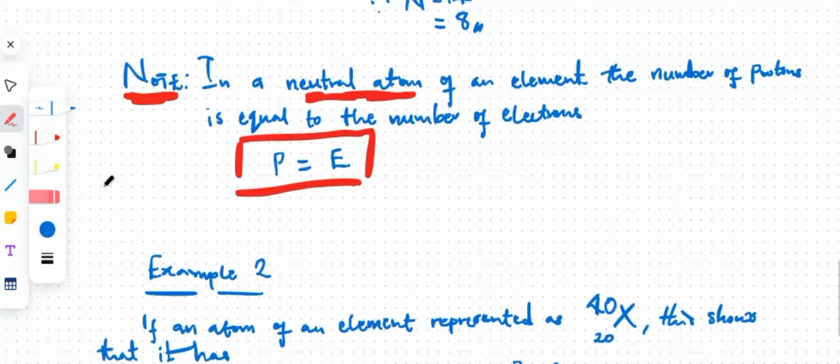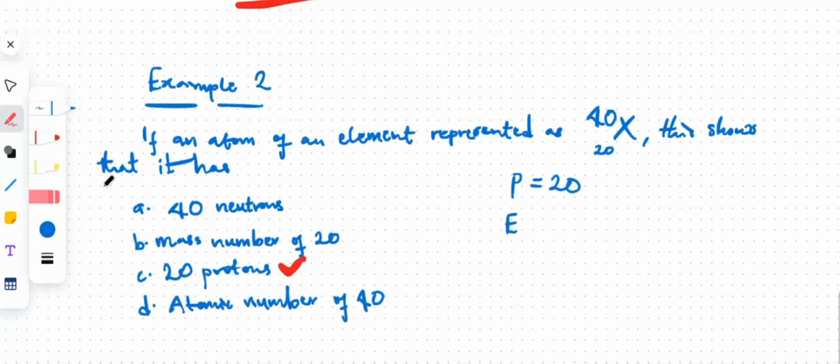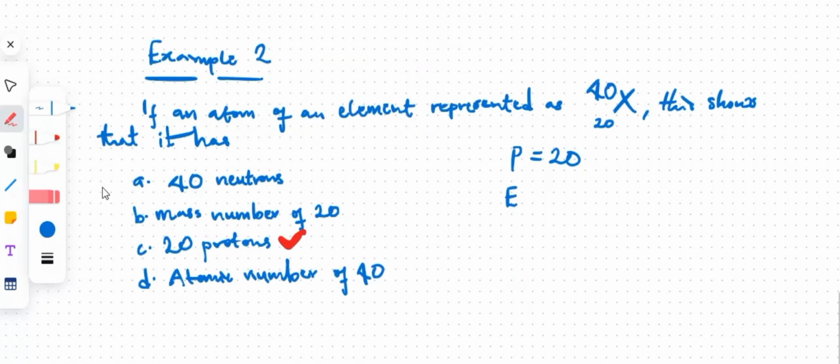In a neutral atom of an element, the number of protons is equal to the number of electrons. So this is a neutral atom of an element, so the number of protons will be equal to the number of electrons. Our number of electrons here is also 20. Then our number of neutrons is your mass number minus your atomic number, so 40 minus 20, which is also 20. So that is it.